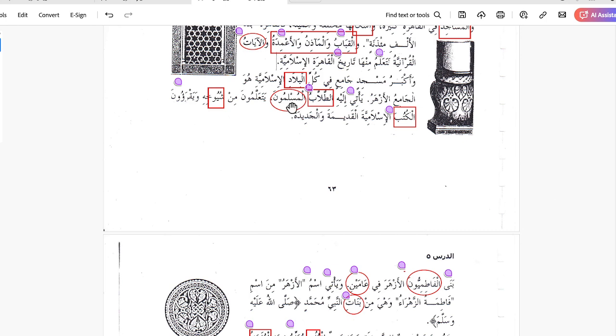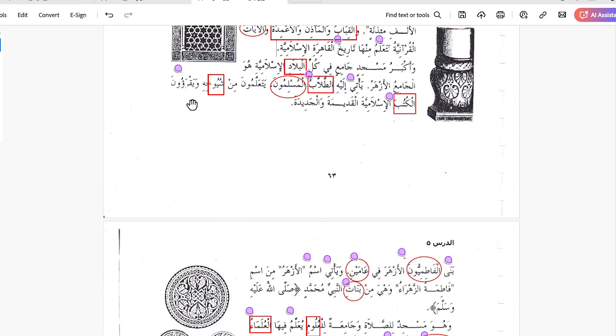Al-Muslimuna is the Jama' Mudhakkar Salim, and this is coming as the na't for at-tullabu. That is why we see una here, because at-tullabu is in rafa'. So the na't has to follow its man'ut in status, which is the rafa' form here.